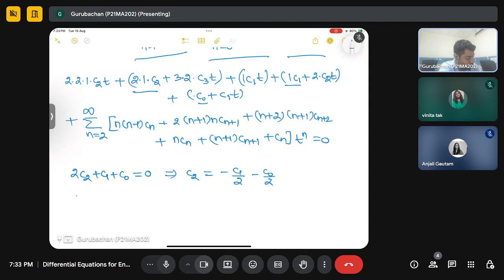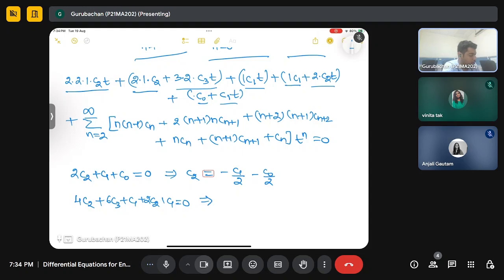Next one will be in terms of t. So it will be 4 times C2, and next this will be 6 times C3, and this is 2 times C2, and plus C1 equal to 0.